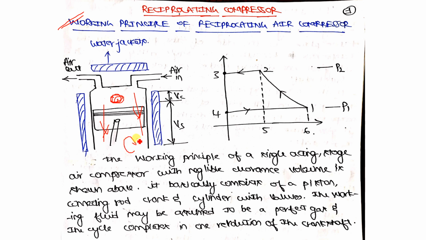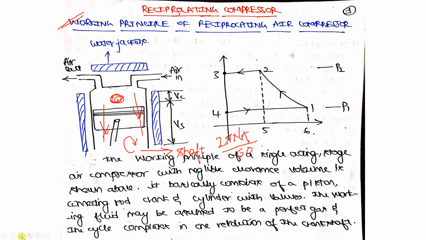That means you are getting the shaft power from it, which you measure by the formula 2 pi NT by 60.